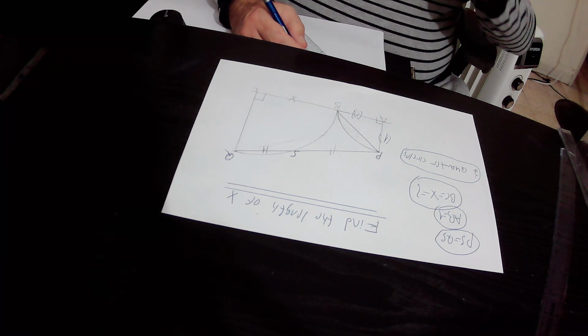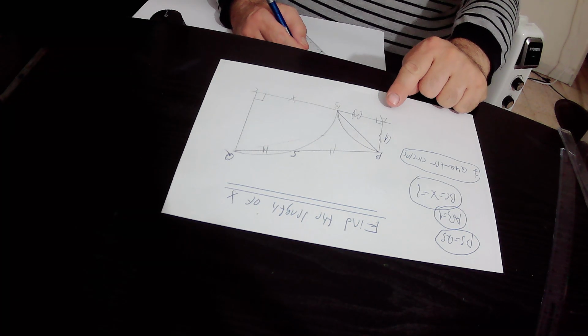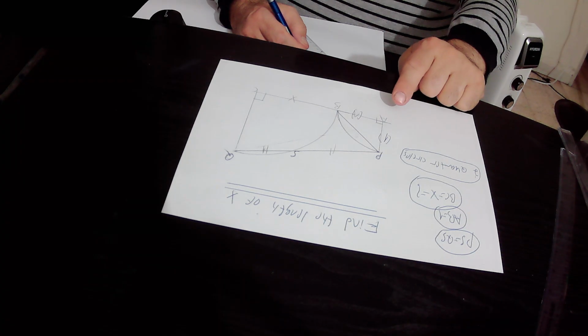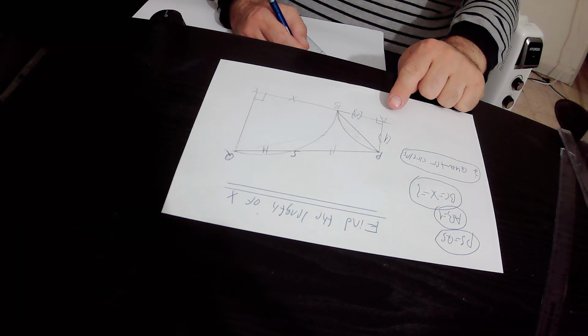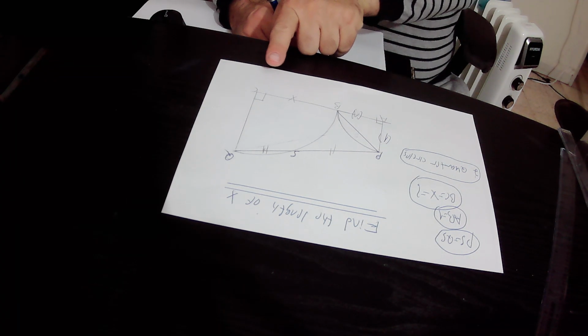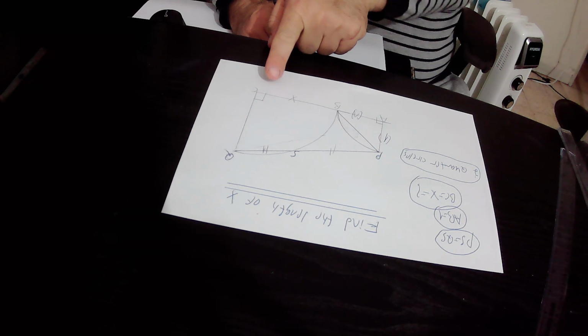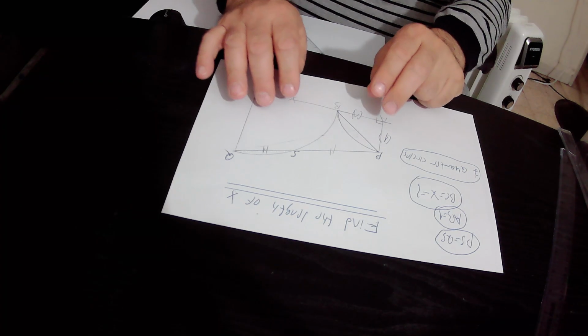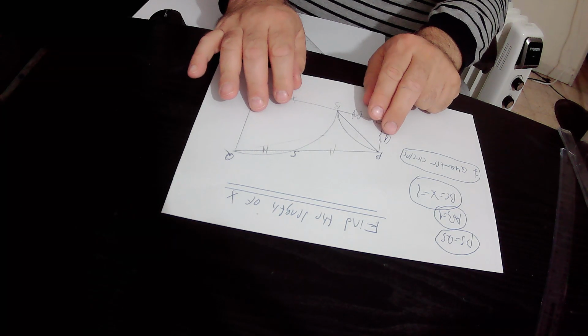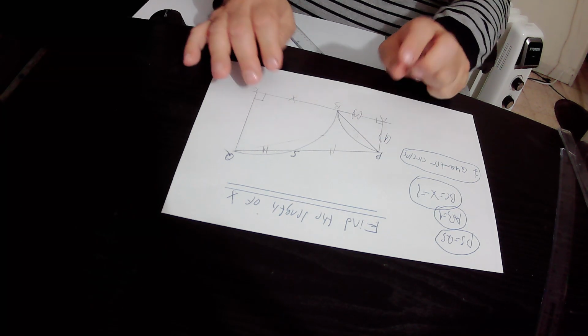I will remind you that angle PAB equals 90 degrees, and angle QCB also equals 90 degrees, because those two shapes are quarter circles.